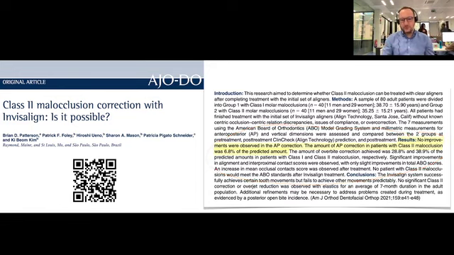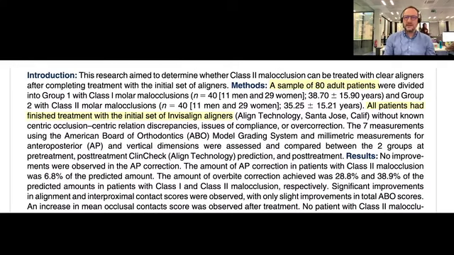And if we only took this as our reference, as I already mentioned in the previous webinar, it's not enough for me to treat my patients, right? But here is another interesting point. If we look at this part, they are saying that all patients finished with the first set of aligners. So this is the first lesson here. We cannot imagine that we can treat this complex and difficult occlusion with one set of aligners.